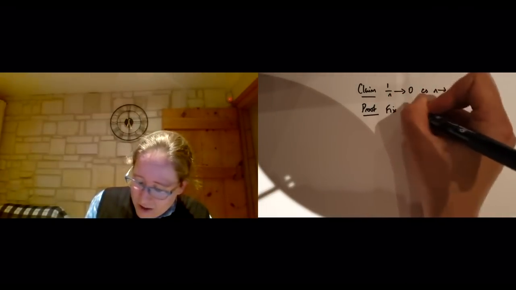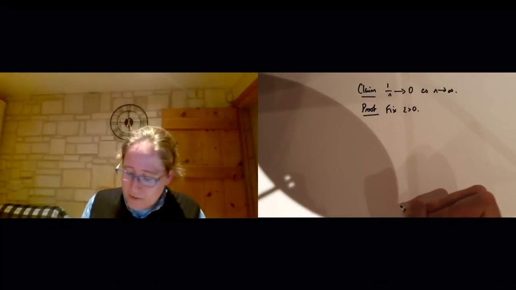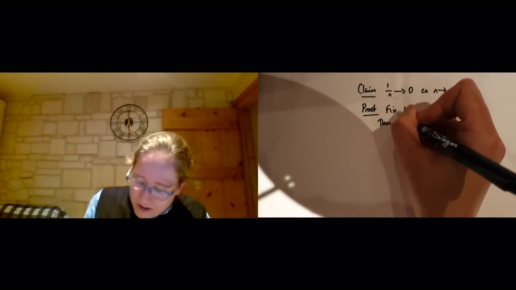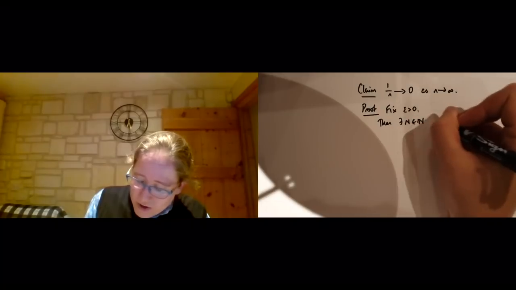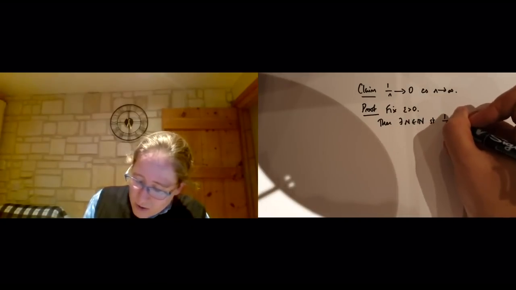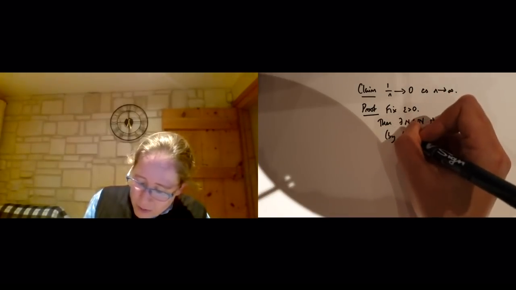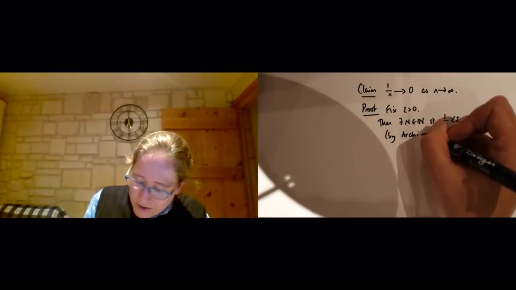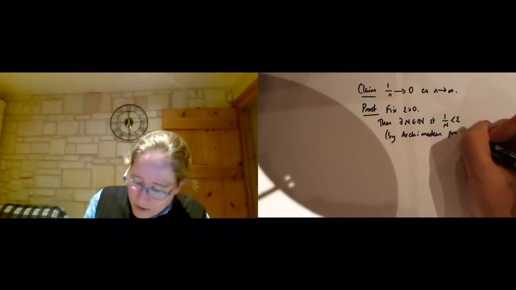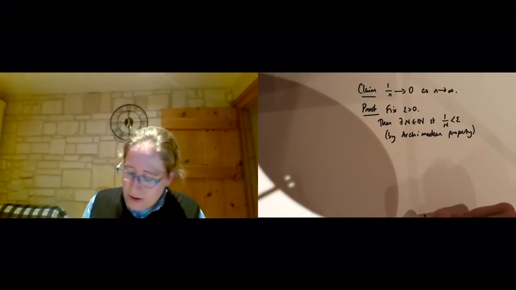So let's fix epsilon greater than 0. And then there exists a capital N in the natural numbers such that 1 over N is less than epsilon. That is by the Archimedean property. If you remember that, suddenly the Archimedean property is going to prove very useful.